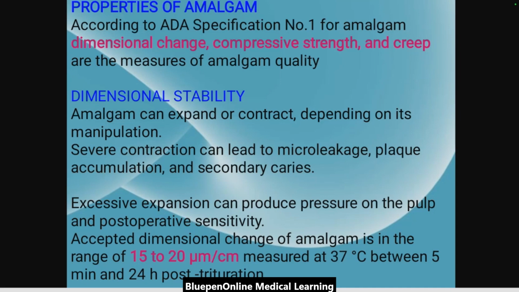So there are certain limits within which some amount of dimensional change is accepted. It is in the range of 15 to 20 microns per centimeter, measured at 37 degrees Celsius between 5 minutes and 24 hours post-restoration. So once the amalgam is triturated, from that moment till 24 hours, only 15 to 20 microns per centimeter of dimensional change, either increase or decrease, is acceptable.